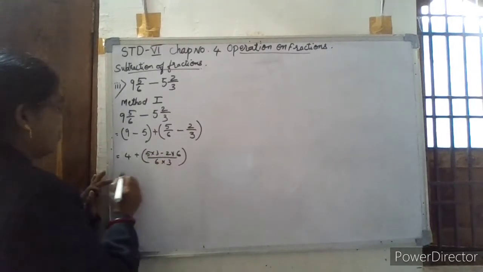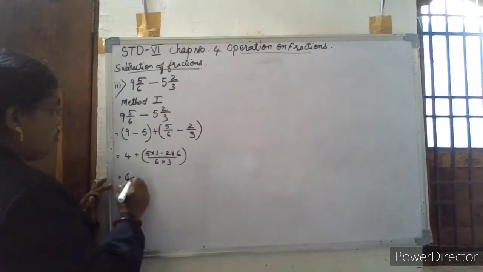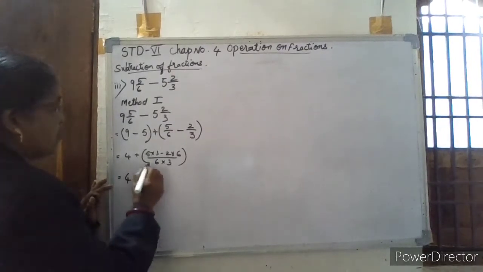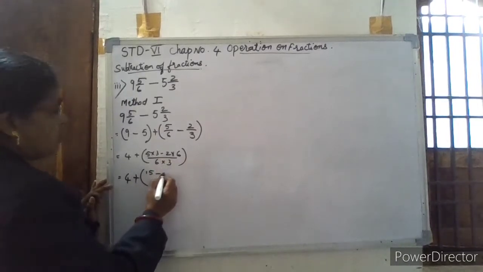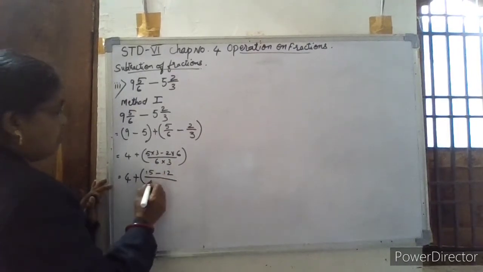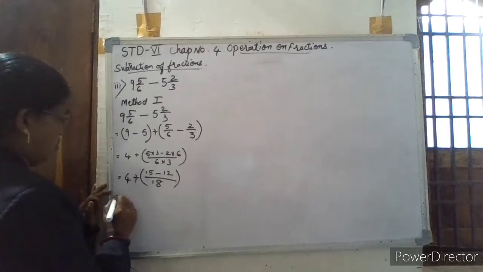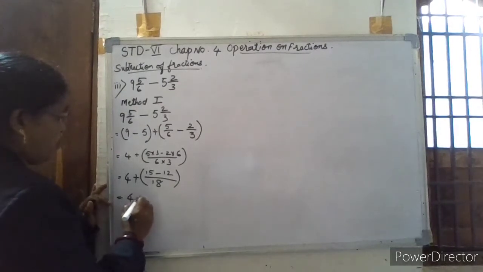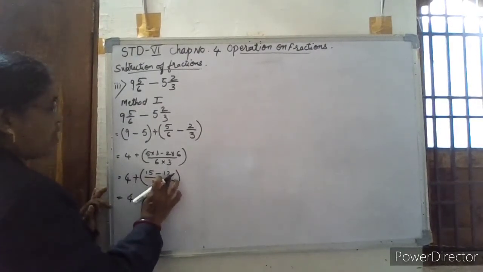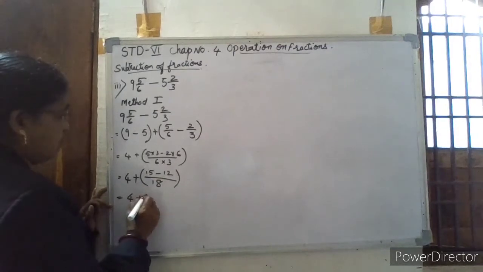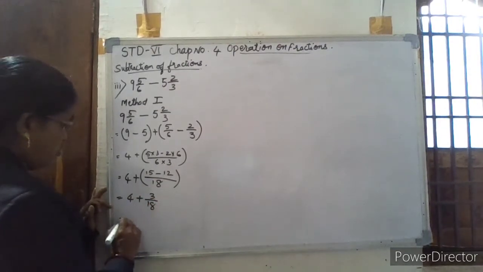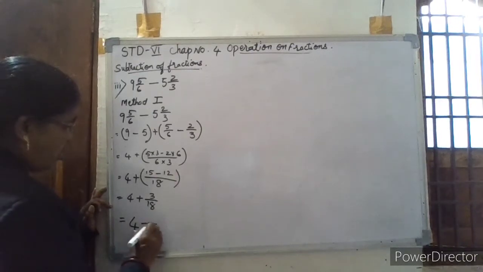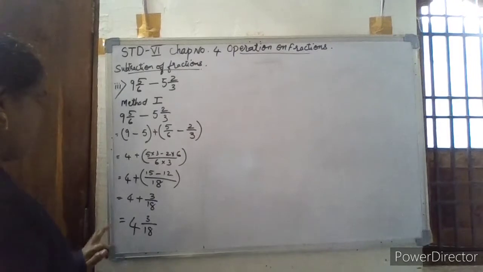So this is equal to 4 plus, here in the bracket, 3 5 is 15 minus 2 6 are 12 upon 6 3 is 18. Close it. Now 15 minus 12 is 3. 3 by 18. So this is equal to 4 3 by 18. This is the answer by first method.